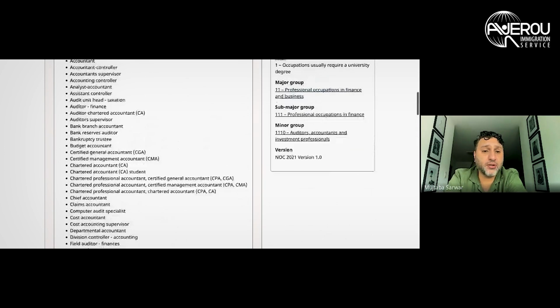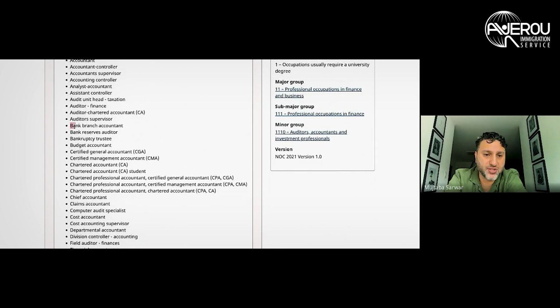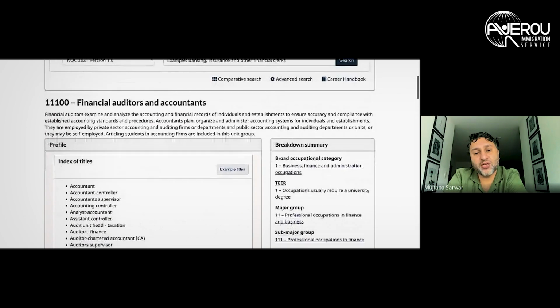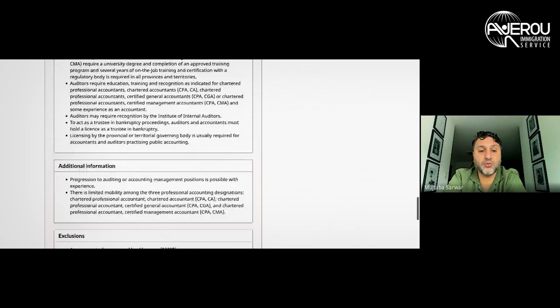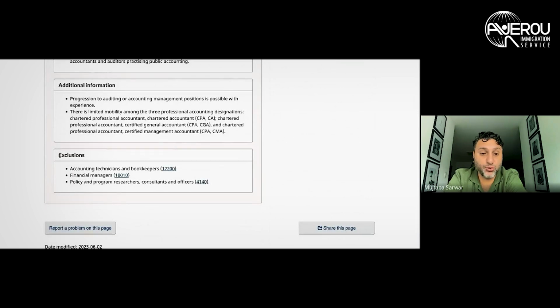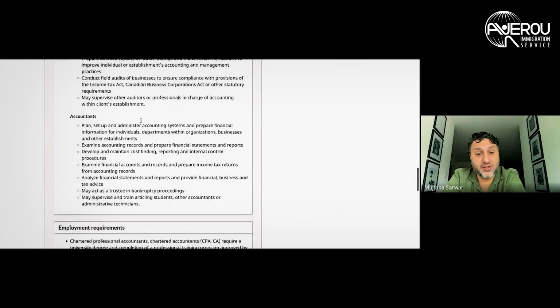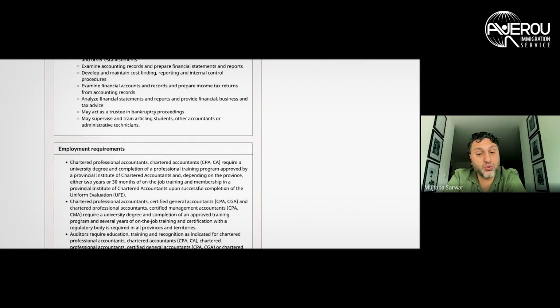But you'll notice that there is no bookkeeper, right? It just says bank branch, bank reserves, bankruptcy, trustees, budget. So the great thing about this page is that it makes it very clear what is not included in this NOC code. Comes down here in exclusions. So in other words, the website itself identifies what type of jobs may look very similar to this, and then people might get confused what their title is.